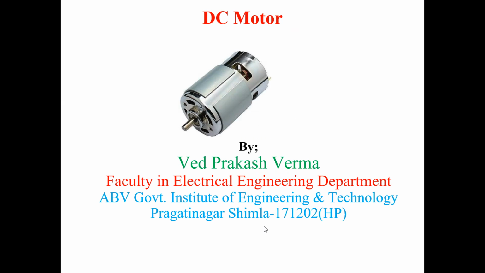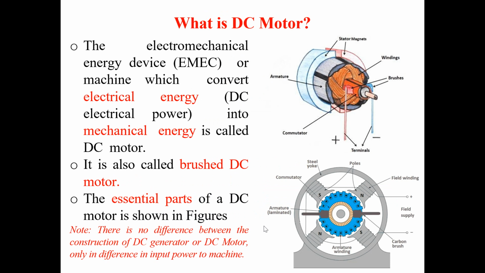Today we will start discussion on DC motor, initially from their constructional feature, then working principle and function of parts of our DC machine. What is the function of each part of DC machine?